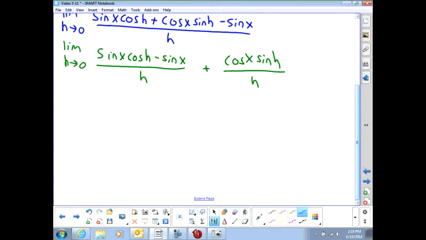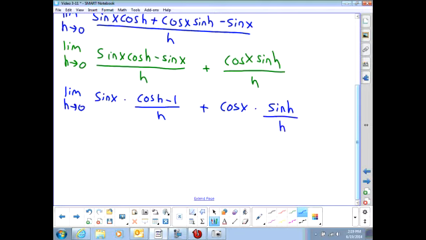Well, on the left part, we can pull a sine x out of the top. So this will be the limit as h approaches 0 of sine x times cos h minus 1 over h, plus, and we're going to write this as cos x times sine h over h. And the reason for doing this is we kind of want to isolate the stuff that has h's in it.